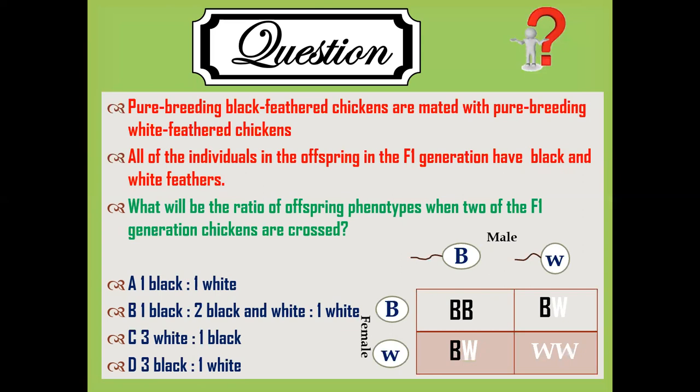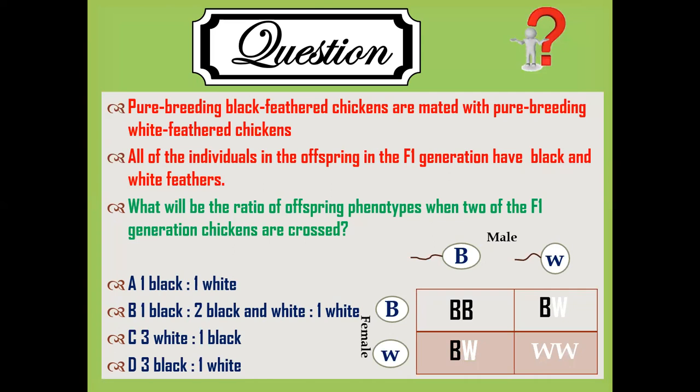Now the egg with the black variety can fertilize with the sperm with the black variety, and that will produce homozygous B. Then the black variety can go with the white variety of the sperm, and that will produce heterozygous. In the same way, the white variety can go with the black and white varieties, and this result will be there. Now in this result, we have 1 black, 2 heterozygous black and white, and 1 white variety.